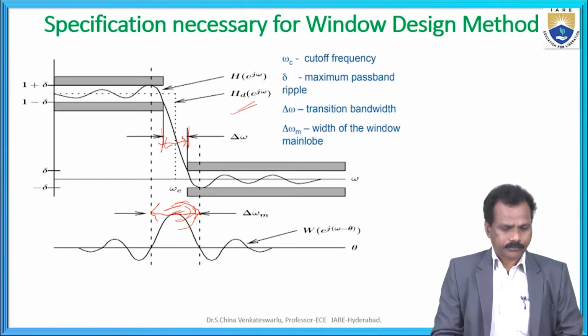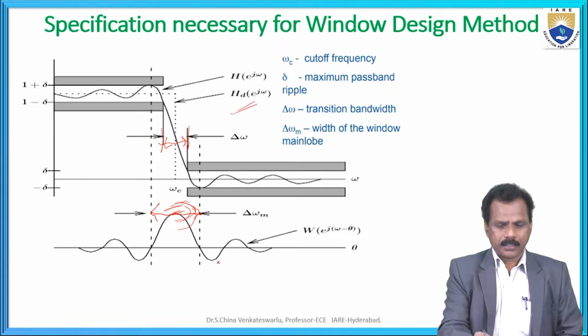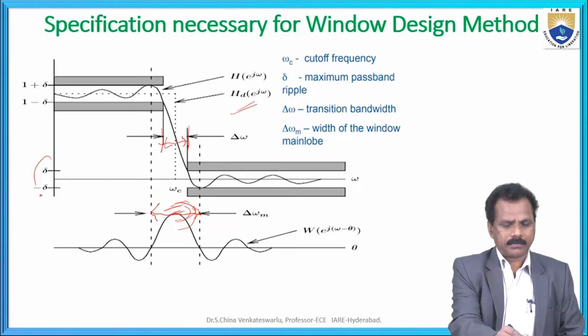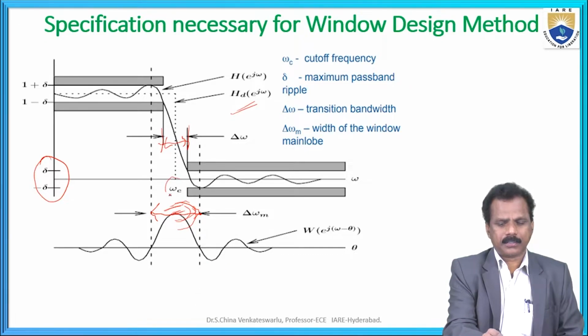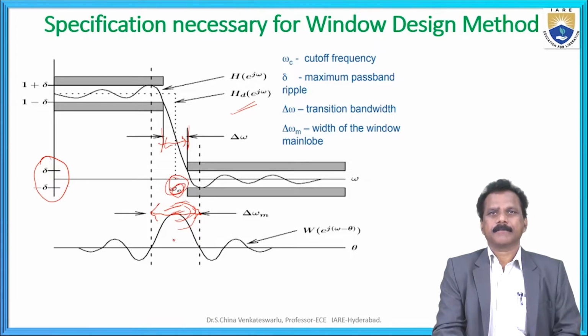Here, the delta values are also specified, positive or negative. Delta is the maximum passband ripple, and omega c is the ideal cutoff frequency.